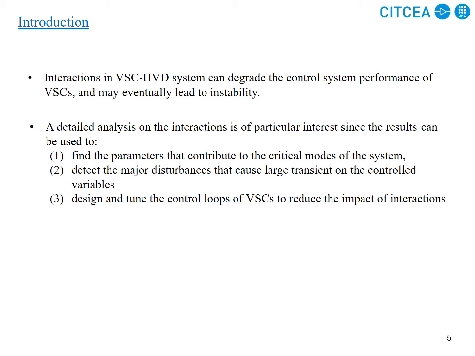There are quite a couple of approaches, called loop decoupling, to reduce the interactions and so on. So here we try to provide a very rough classification of the interactions that may happen in an HVDC system.